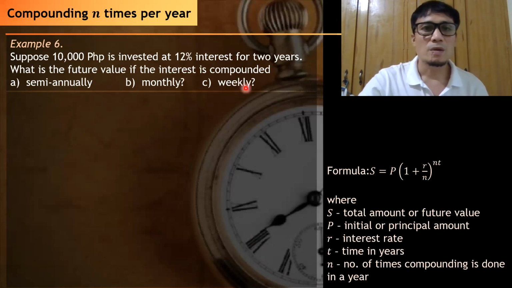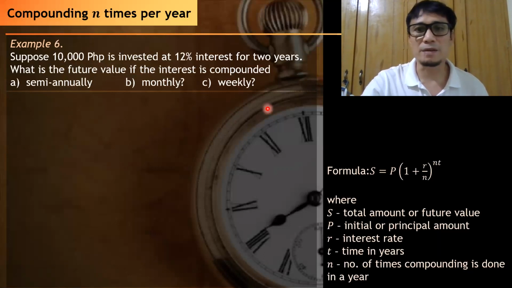How will this affect the future value? So again, the amount of 10,000 is invested at 12% for 2 years. You find the future value when the interest is compounded semi-annually, monthly, and weekly. We can actually do a comparison of the amounts between these numbers of times of compounding.